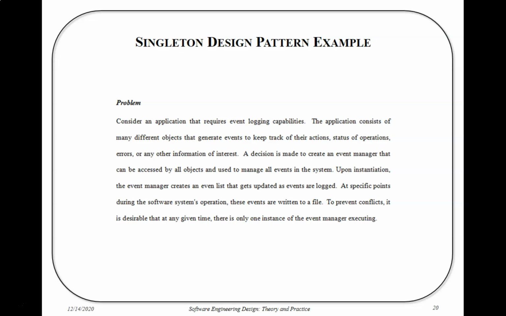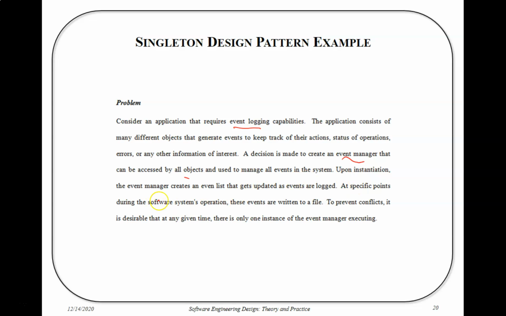So consider an application that requires event logging. To log events, the application consists of many different objects that generate events to keep track of the action, status, operation, etc. So the decision is to create an event manager that can be accessed by all objects, the same instance of the event manager, used to manage all events in the system.